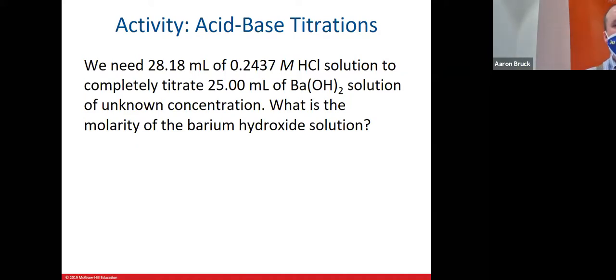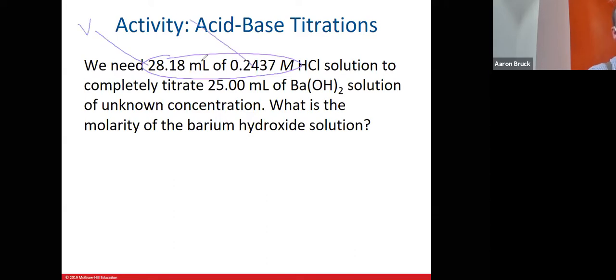Now, right away, we can look at this and say, okay, I've got a volume and a molarity for the acid, and I've got a volume for the base. So I already got some of those parts of the equation. What I'm missing is the balanced chemical equation to get those n values in the denominator. So before I move on to that, I got to write out my balanced chemical equation.